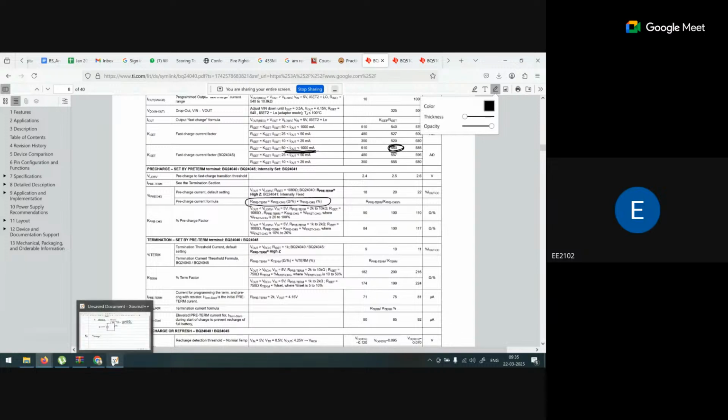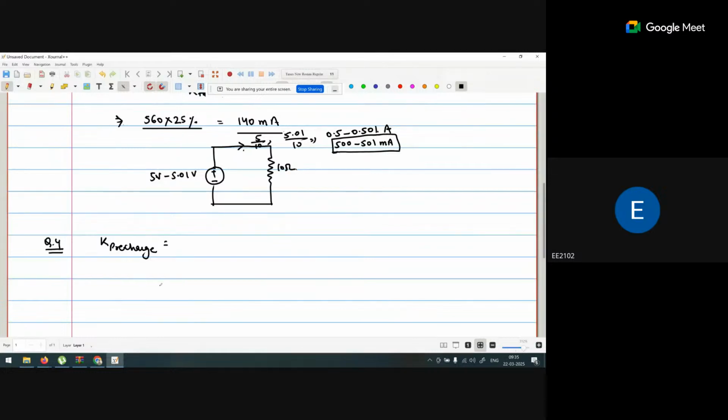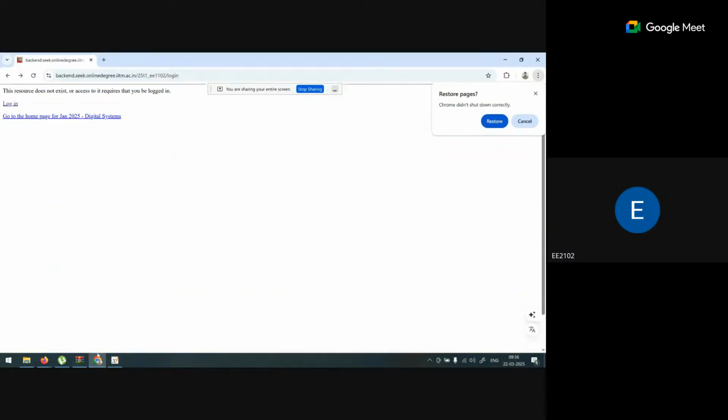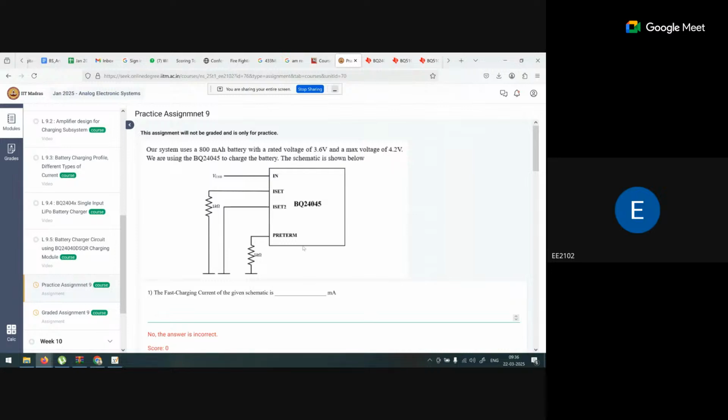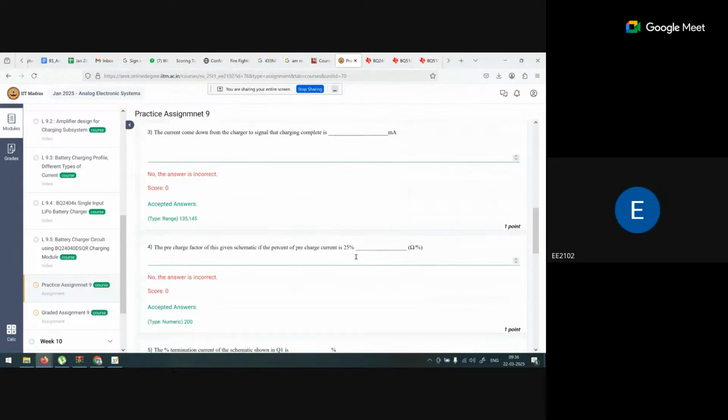So for this one, we can calculate K pre-charge is equal to R pre-charge divided by the percent pre-charge. Now R pre-charge is 5,000, and the percentage of pre-charge that is given in the question is 25%.